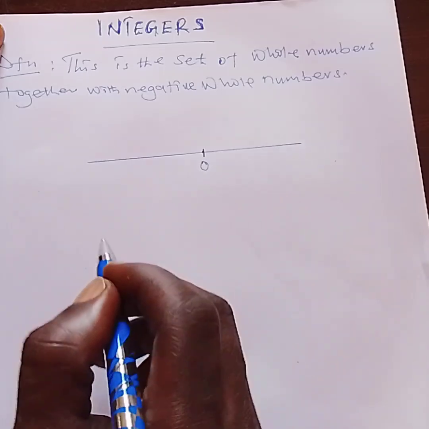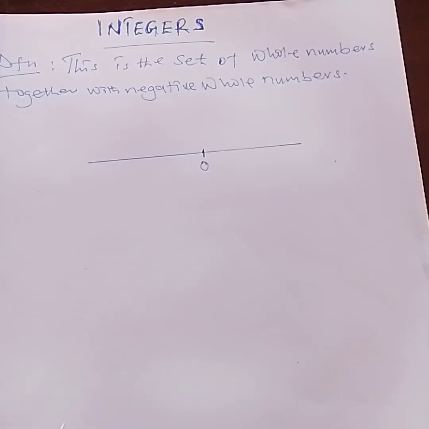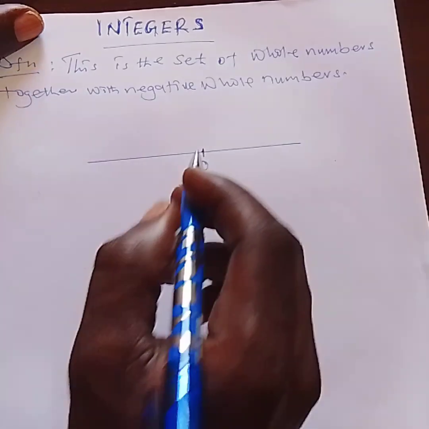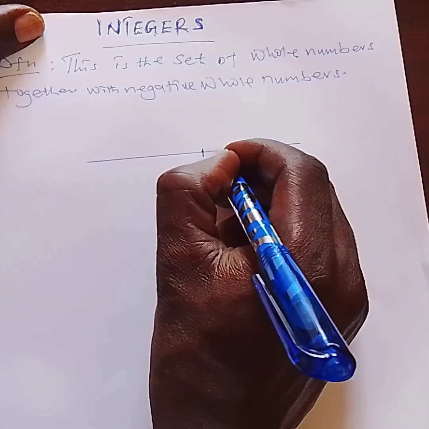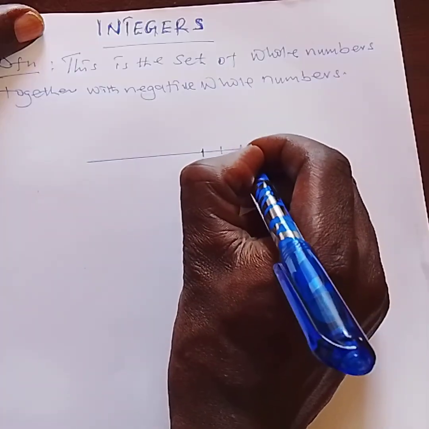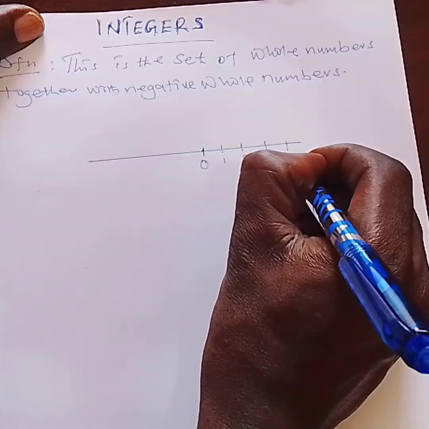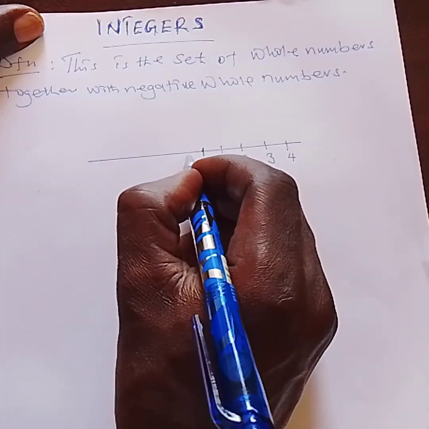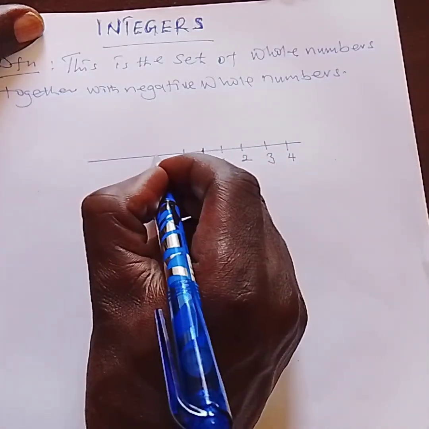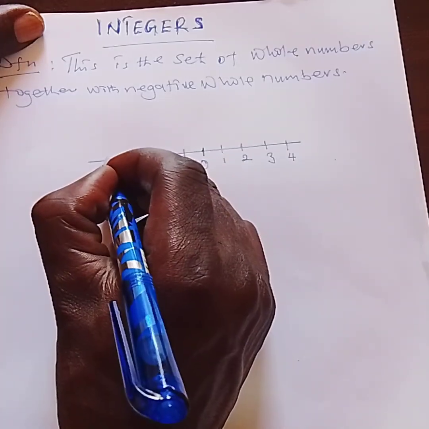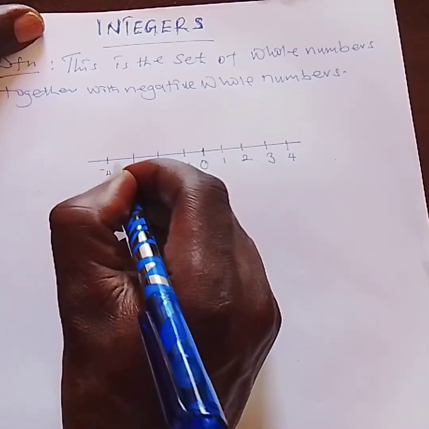Let's start with the positive ones: positive 1, positive 2, positive 3, positive 4, and many others. Then to the left, we have negative 1, negative 2, negative 3, negative 4, and many others.